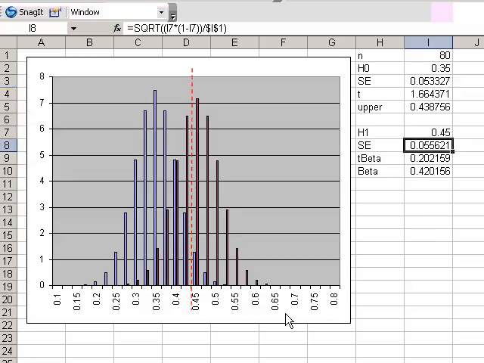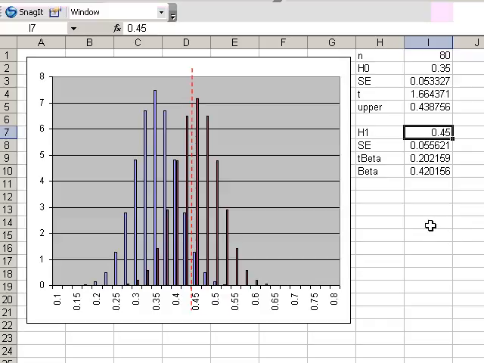Therefore, when we calculate the proportion of the purple distribution, which is to the left of the red line, we will base our calculation on the standard error appropriate for 0.45. Now, how do we conduct that calculation?